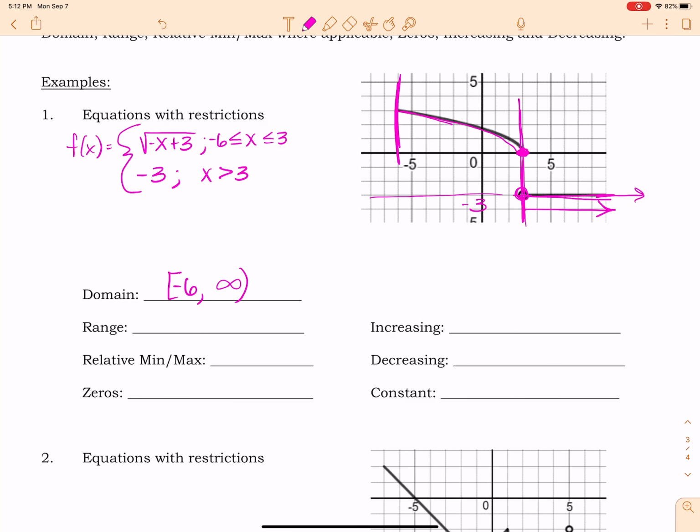Okay, so our range. Well, let's look at our range values. This line down here covers negative 3, but there aren't any values in between. So that means that my range includes negative 3, and this is going to look a little weird to you. We're going to close that because it covers negative 3, but then it doesn't cover anything in between negative 3 and 0.